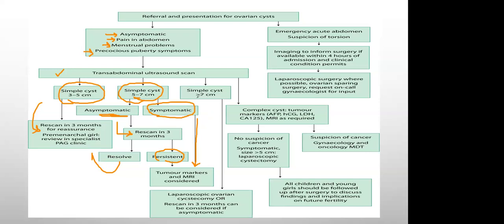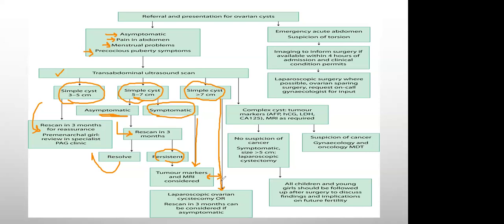But definitely, if the lesion is more than 7 centimeters, I will bypass the conservative management. I need to do the MRI and tumor markers, of course, and go directly to remove the ovarian lesion.